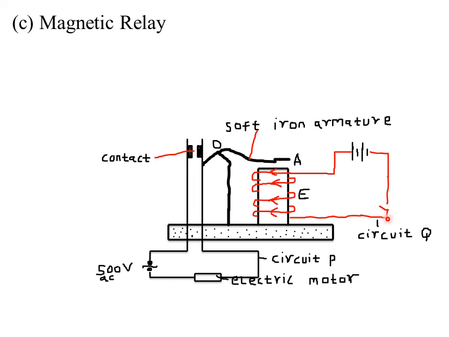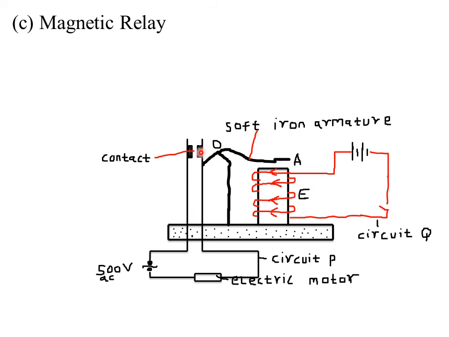So when circuit Q is complete, current flows through E, so E gets magnetized. Remember, it becomes an electromagnet. So when it gets magnetized, it attracts A. When A is attracted onto E, as the lever moves downwards on this side, the lever causes this part to move up on the upper side.